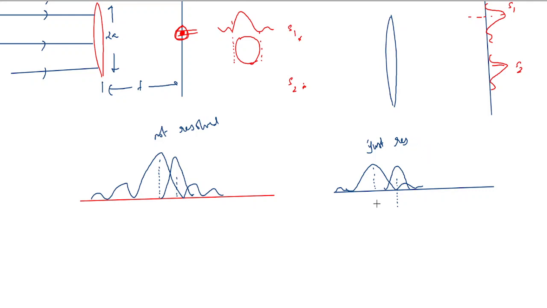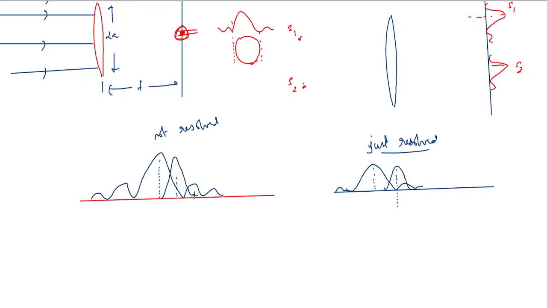So just resolved means that the minima, that is the dark band or minima of one pattern or due to one source, if it falls on the maximum of the other, then it is said to be just resolved.